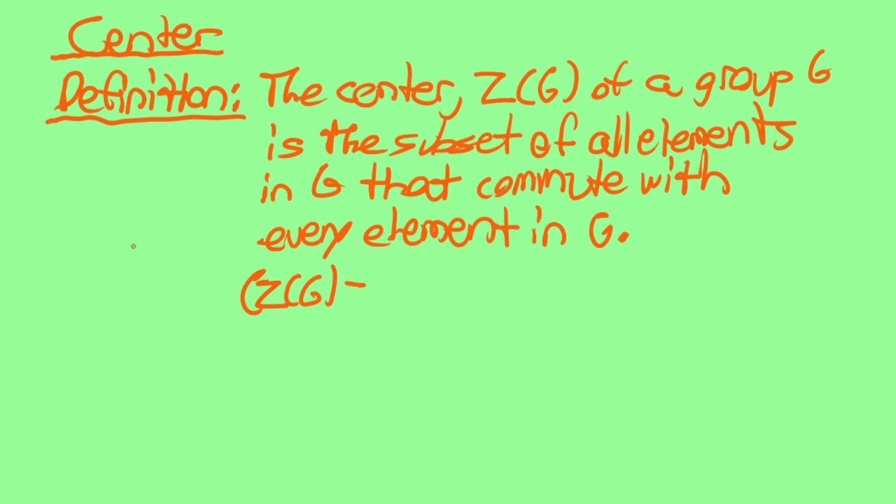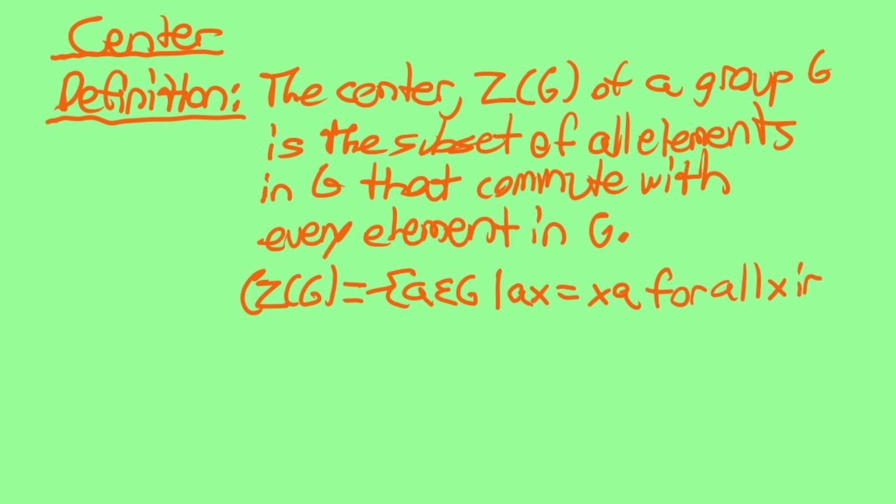Z(G) equals the set of elements a of a group G such that a times x equals x times a for all x in G.